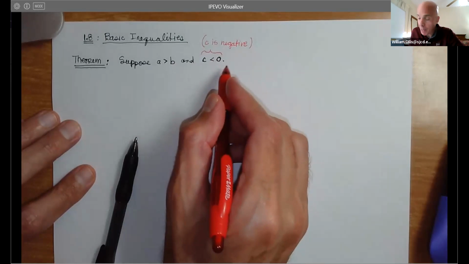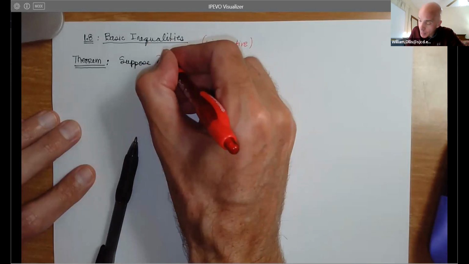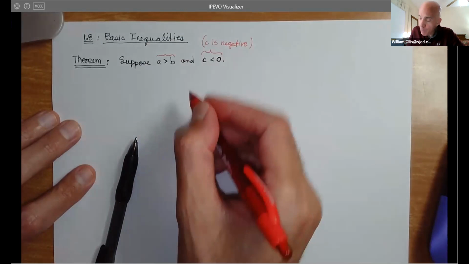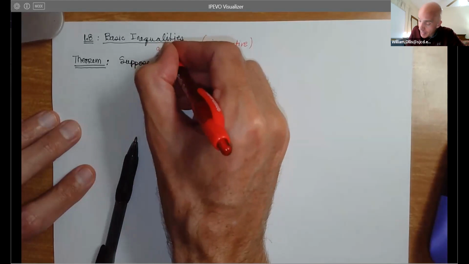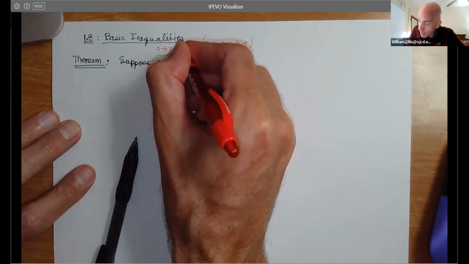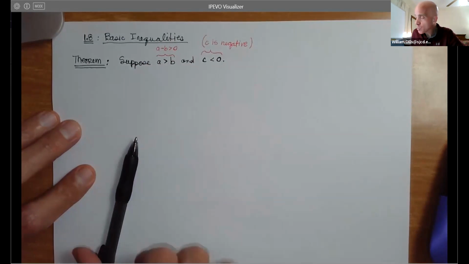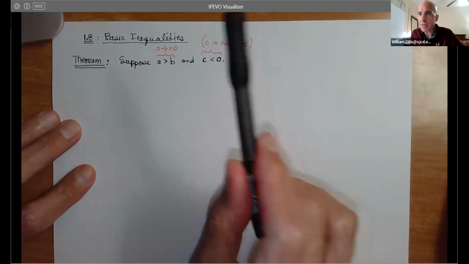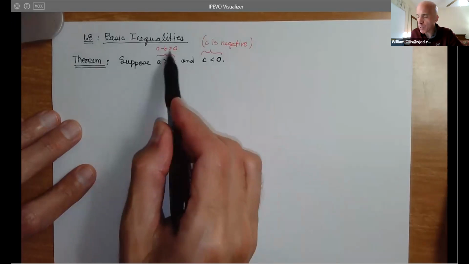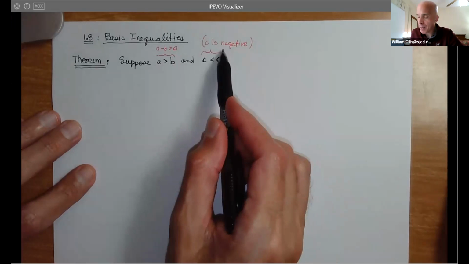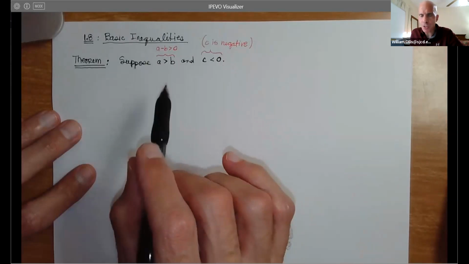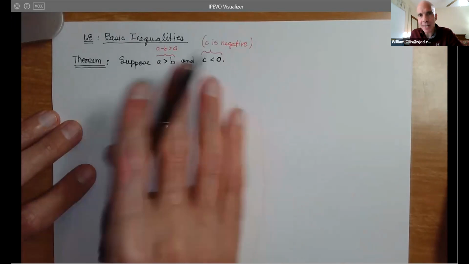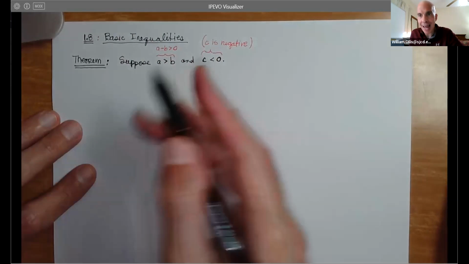We have to talk about this. This also says, if you subtract B from both sides, that A minus B is a positive number. So when you actually do a proof of this, you have to utilize this fact and this fact. But again, it's not too difficult. But like I say, right now, I want to see this in action.